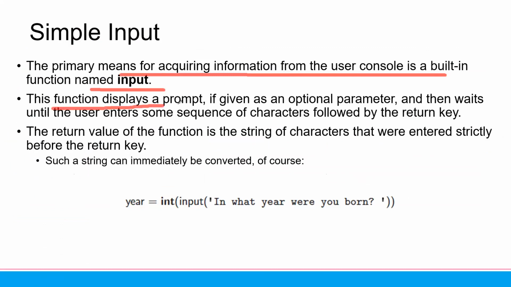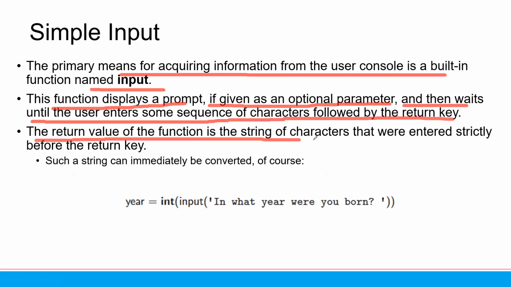This function displays a prompt, if given as an optional parameter, then waits until the user enters some sequence of characters followed by the return key. The return value of the function is the string of characters that were entered strictly before the return key.